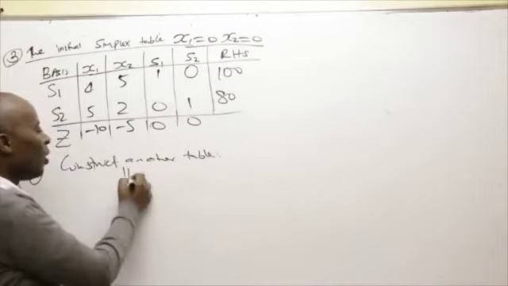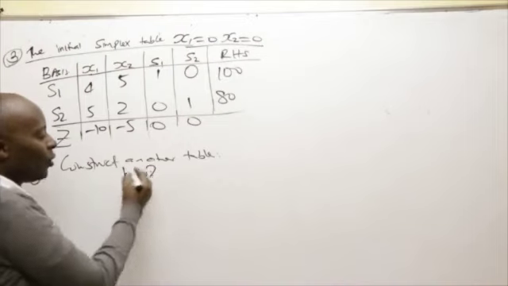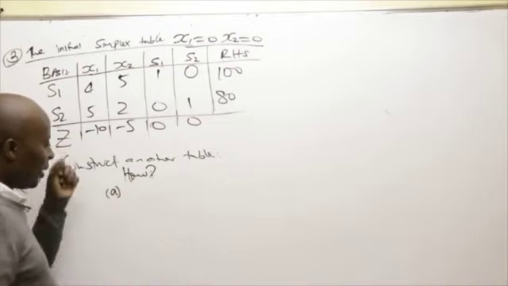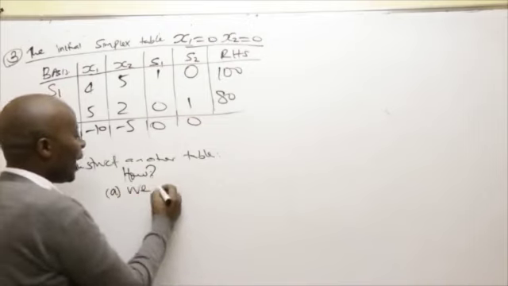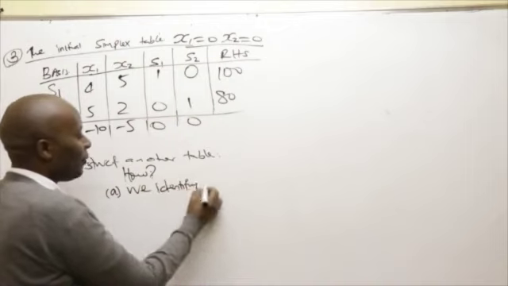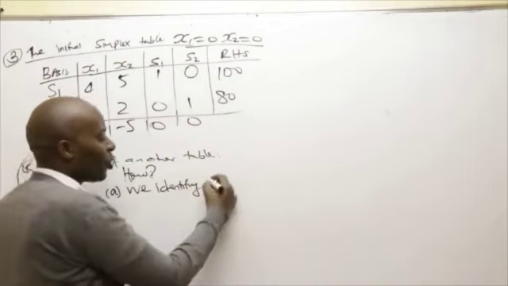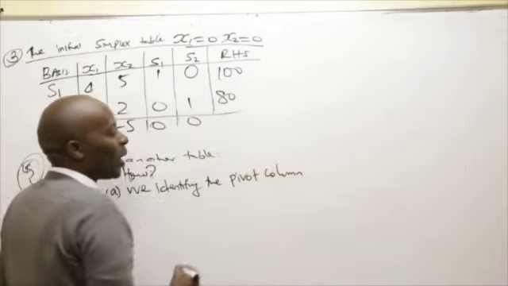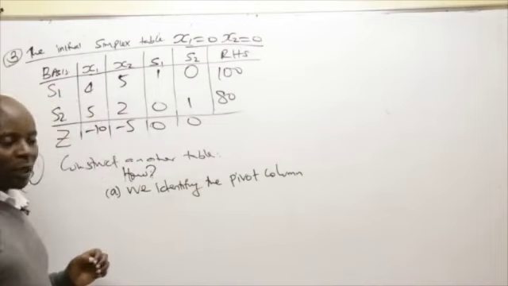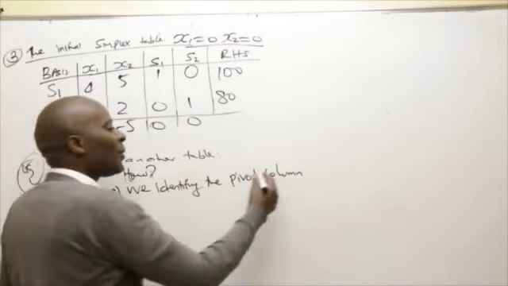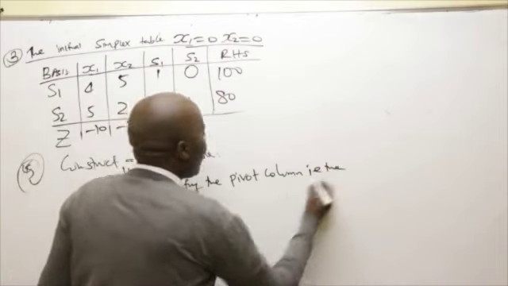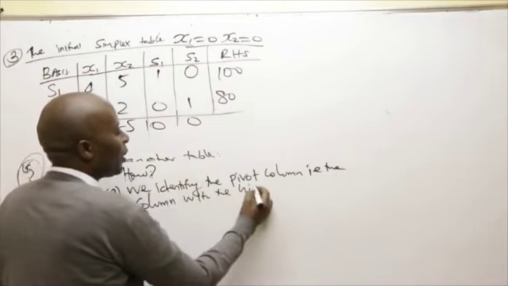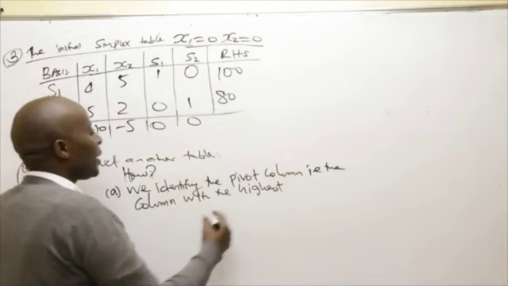The question is how? So ladies and gentlemen, how? Number 1, A, we identify the pivot column. Now this pivot column is the column with the highest negative Z value.